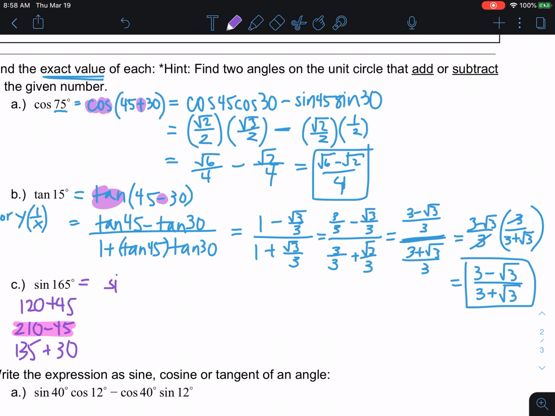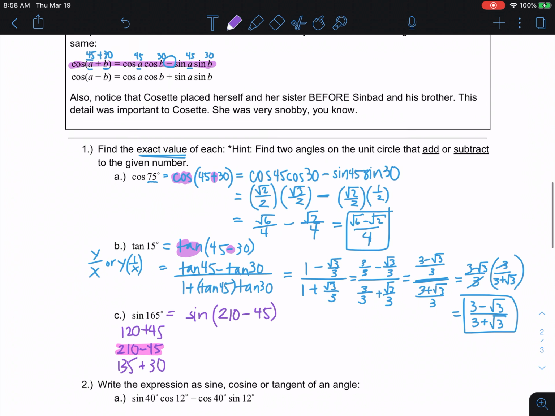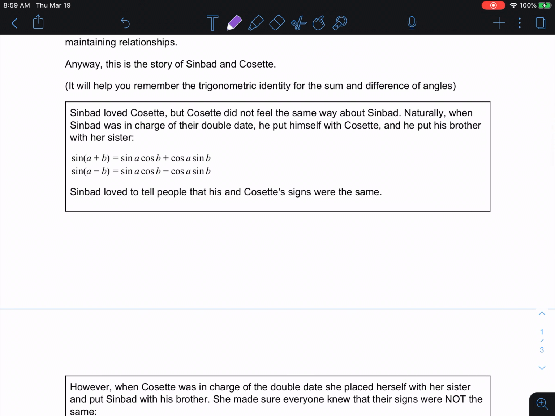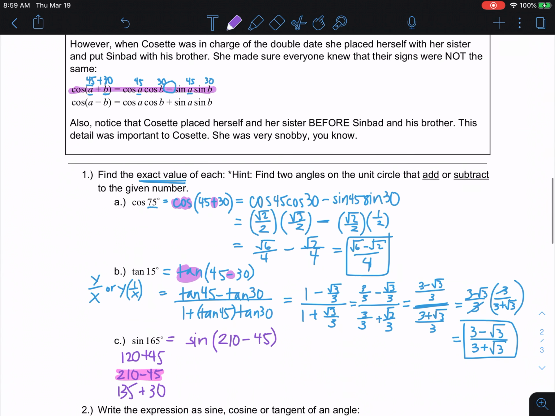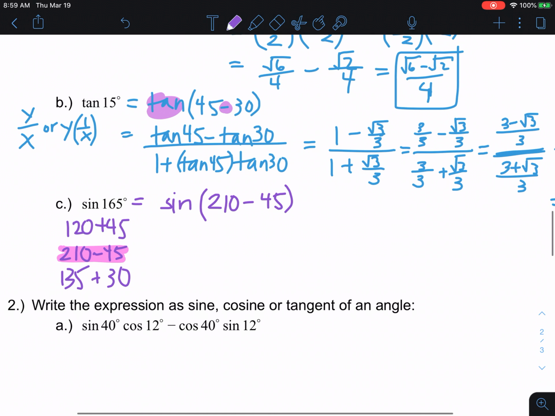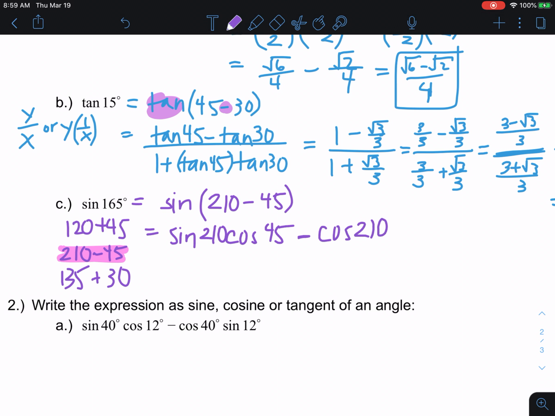So this is going to turn it into sine of 210 minus 45, which means I'm going to use the difference identity for sine, because this one has the minus here. So I'm going to use this identity, which will turn this into sine of 210 times cosine of 45 minus cosine of 210 times sine of 45.